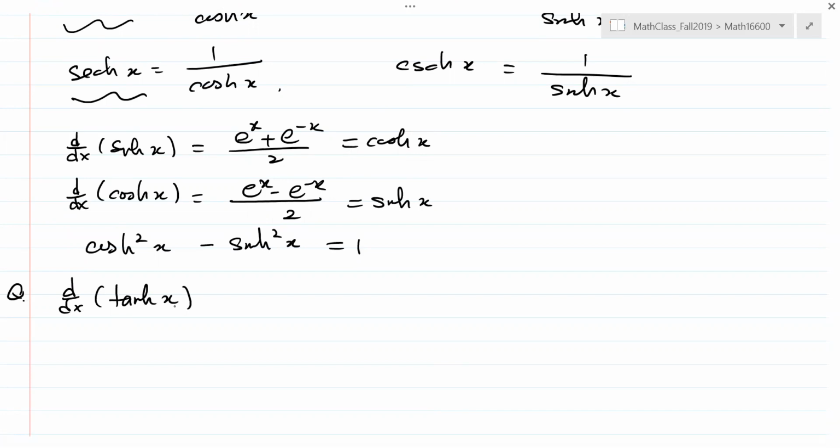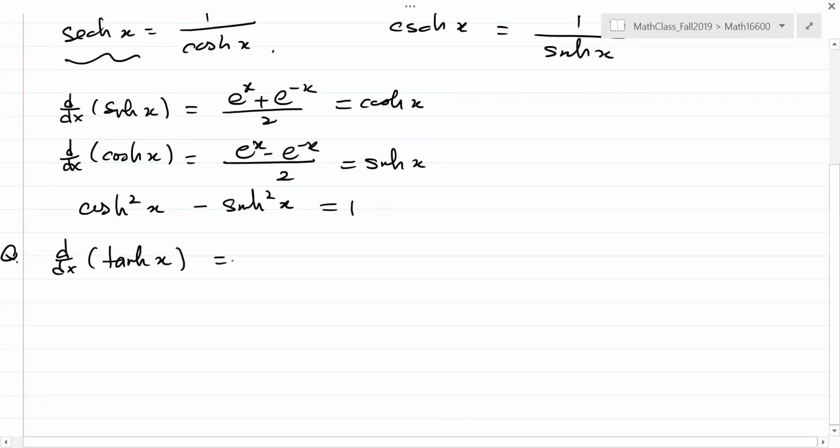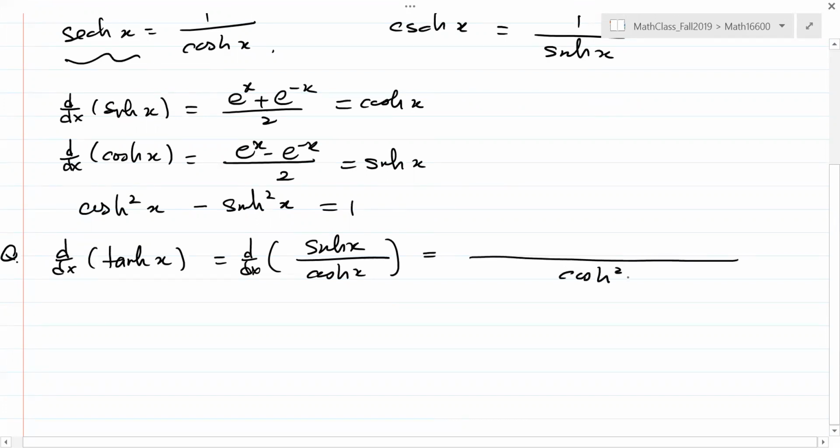Using the quotient rule, by the quotient rule, what do you get? Hyperbolic cosine x squared in the denominator. Then the derivative of hyperbolic sine x becomes hyperbolic cosine x, times the denominator. Then you minus the derivative of the denominator times the numerator.